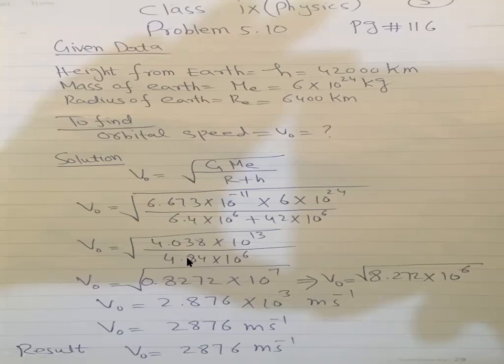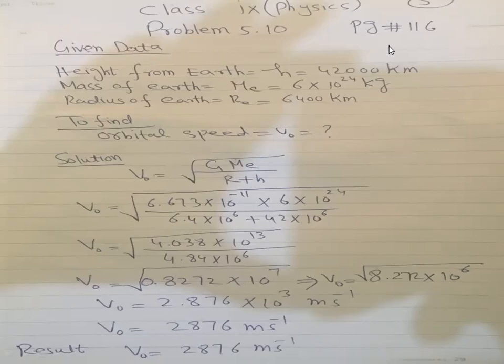Adding them up, then taking the square root, the value is 8.272 into 10 power 6. Its square root is 2.876 into 10 power 3 meter per second. The unit of speed is meter per second. So the orbital speed is 2876 meter per second.